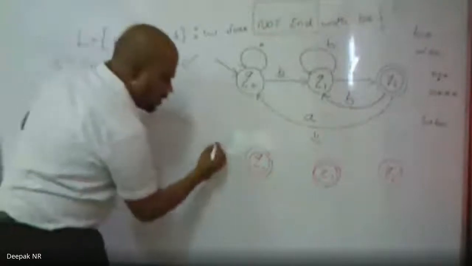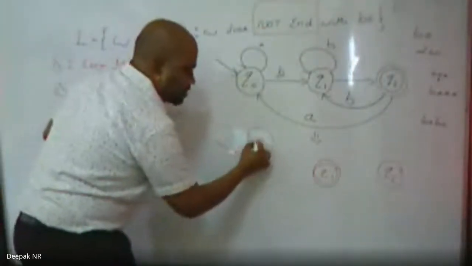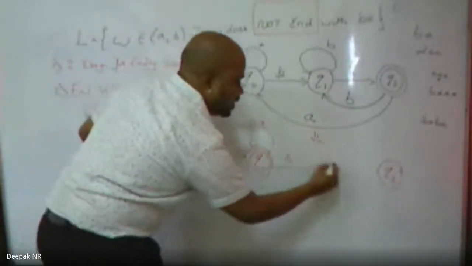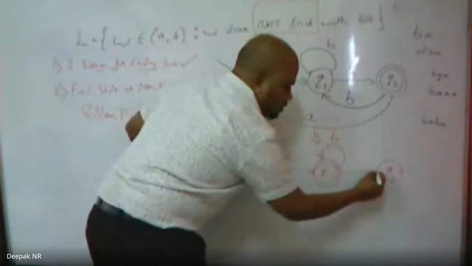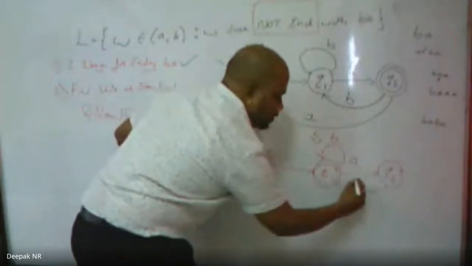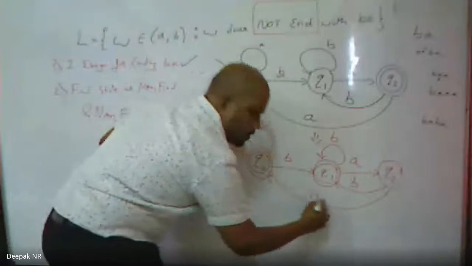Correct? Now everything remaining is the same. I copy the same transitions. I send A, I send B, I give a self loop B. Now I send A, this I send B, and this I send A.